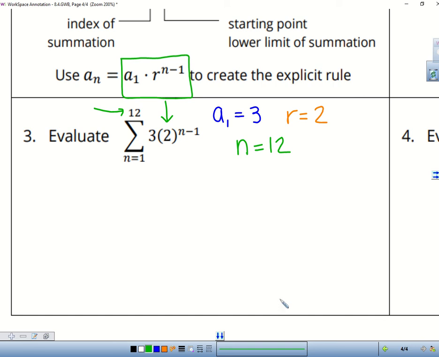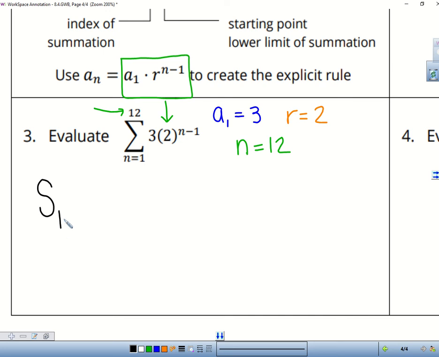Okay? So you see how I didn't have to plug anything in for this one because I can just see what's going on right off the bat. So work smarter, not harder, right? Now that I know, instead of me plugging in 1 through 12 and adding them up, what's a faster way we can do that? Use the sum formula, right?